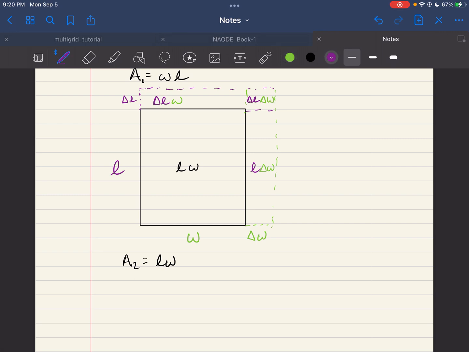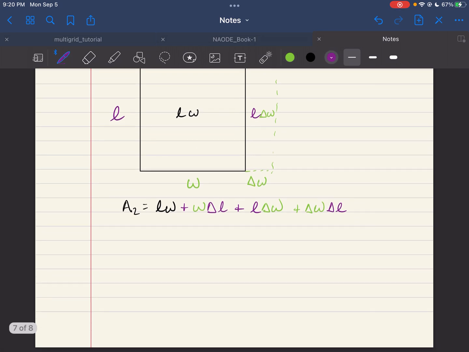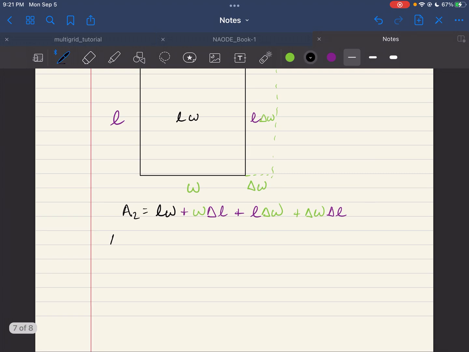So we get L times W plus W delta L plus L delta W plus delta W delta L. So then the difference of these two rectangles we'll call delta A, which is A2 minus A1.